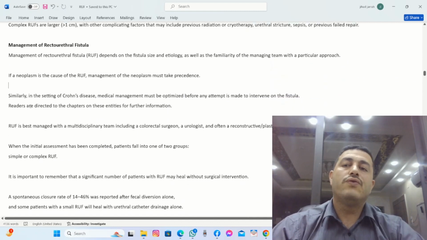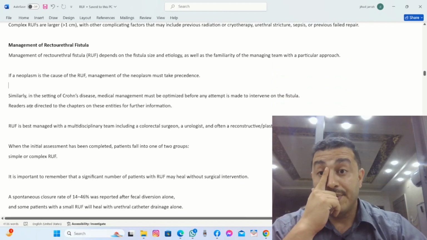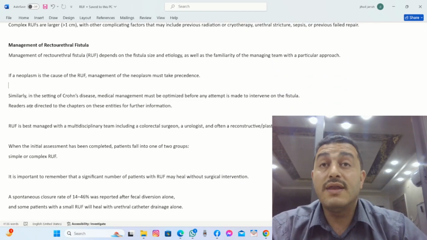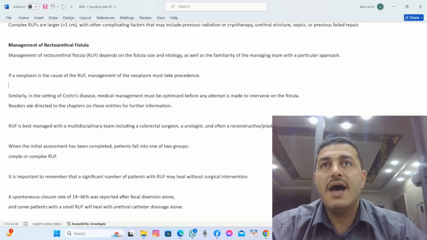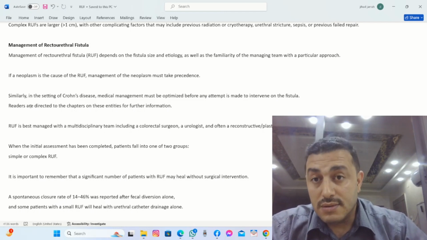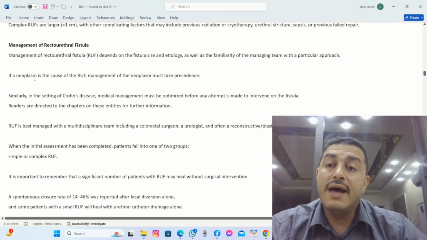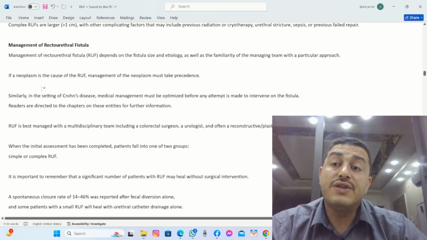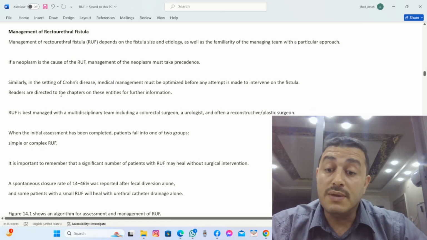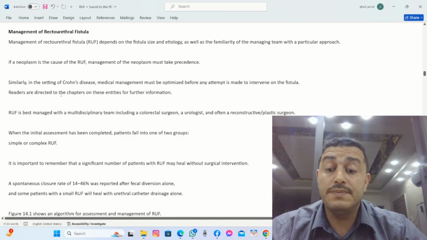The management of rectourethral fistula, and here we highlight the importance of the multidisciplinary team and the sometimes need for staged treatment, and the variety of the treatment. We will see the most important approaches we have to know.